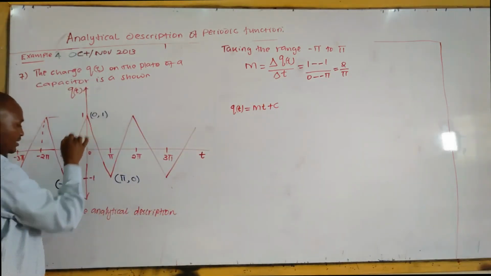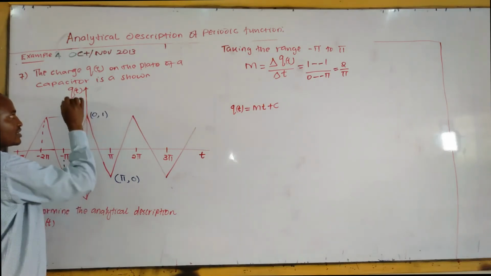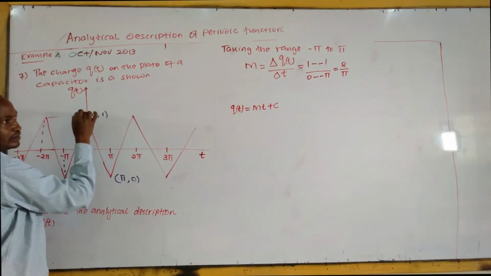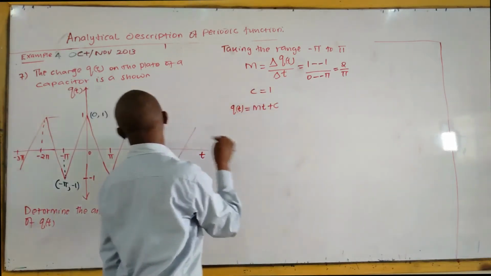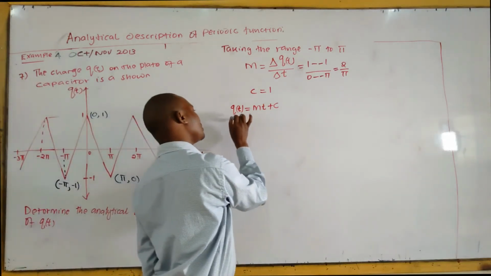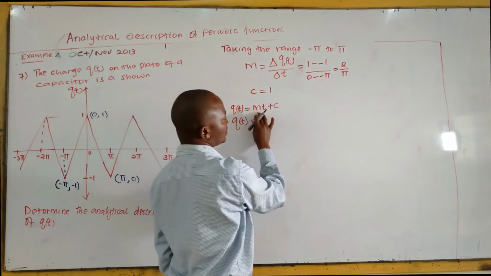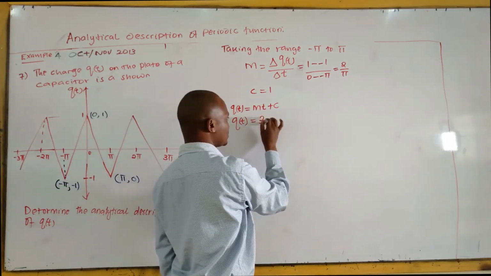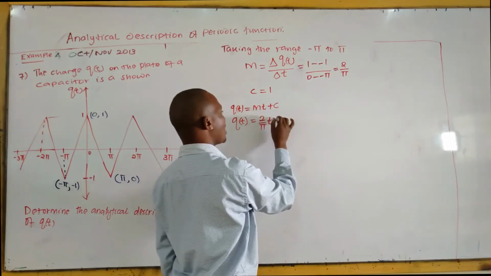Here, the intercept on the dependent axis, Q of t, is at 1. C is equal to 1. The point is 0, 1. So the equation for Q of t is equal to 2 over pi t plus 1.